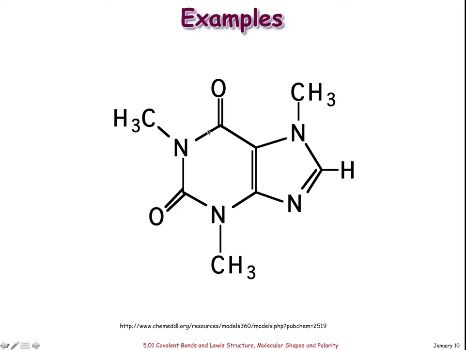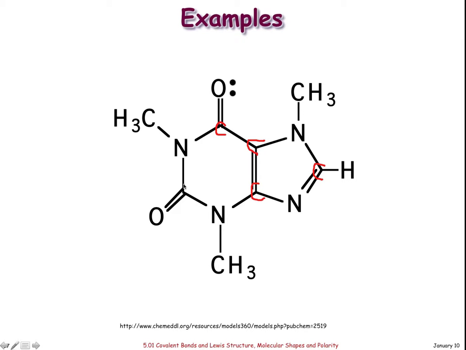Keep in mind that when you see an angle like this, it actually represents carbon. Let me draw that in. There's a carbon right here, another carbon right here, another carbon right here, and a carbon right here.